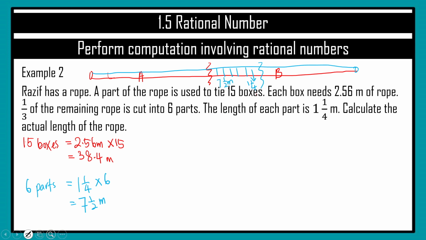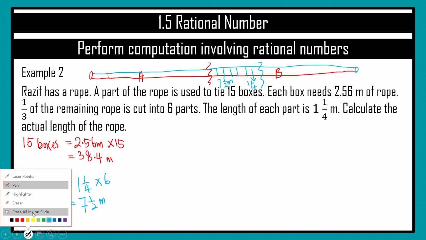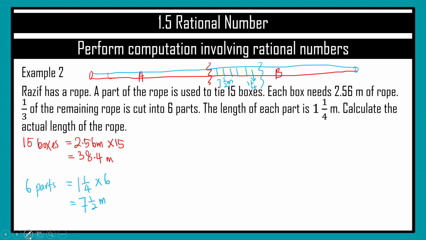Now I still have one part of the rope that we haven't calculated yet, which is the leftover of this one. Because this is a third, a third means that I still have the remaining 2/3 of the rope. So we're going to find out the length of the B section.